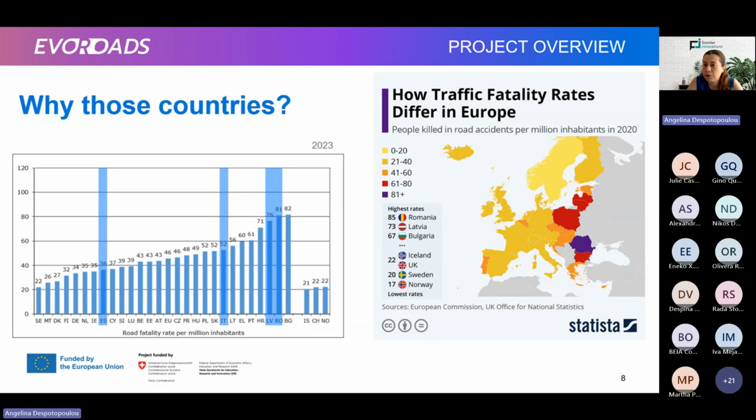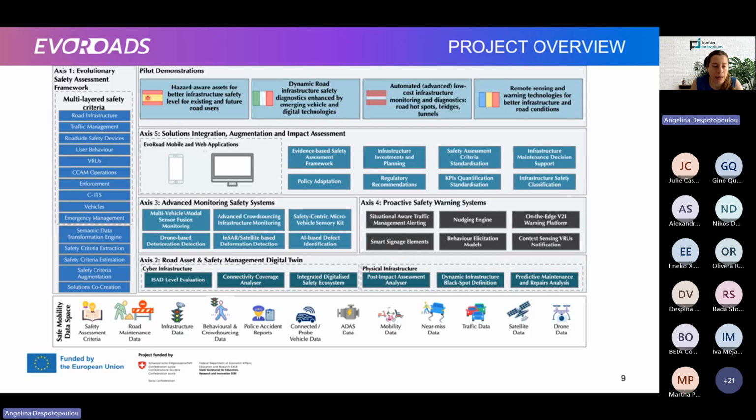They are the safest in the assessment of all four countries, and they have been chosen to serve as an example, so as to be able to benchmark the differences between a country that fares rather well and the countries that do not fare well. What is the difference between the three? This is why we have targeted those areas.